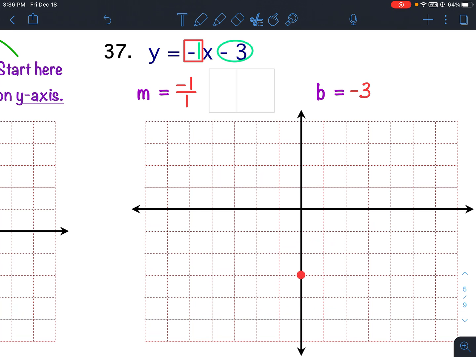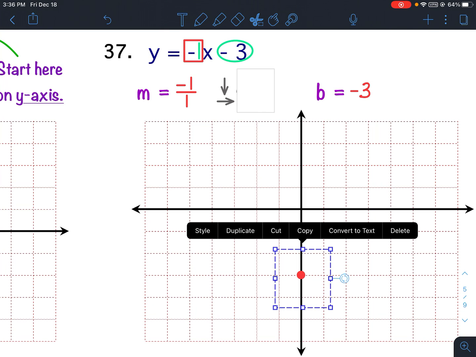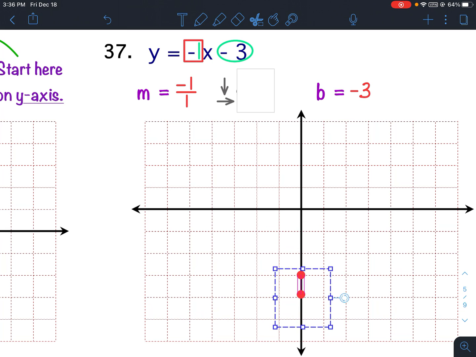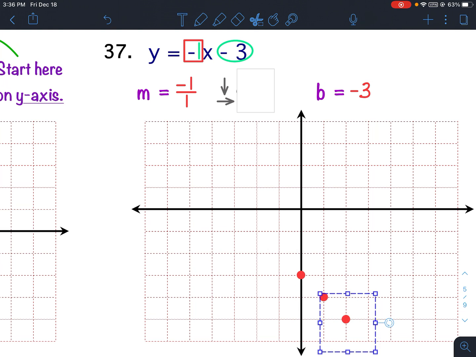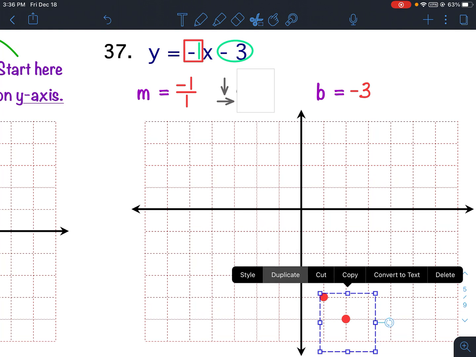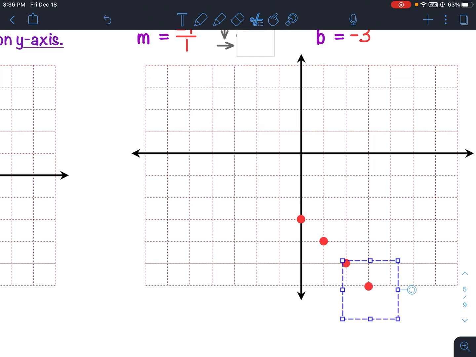All right, now my slope is -1 over 1. So that means it's going down 1 to the right 1. So from this point, I go down 1 to the right 1. I do it again. Down 1 to the right 1. And again, down 1 to the right 1.